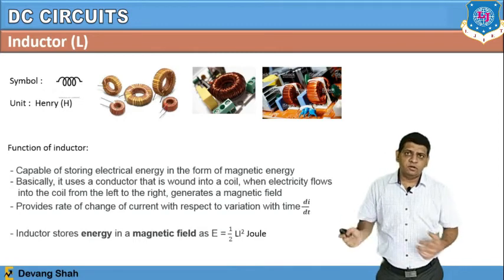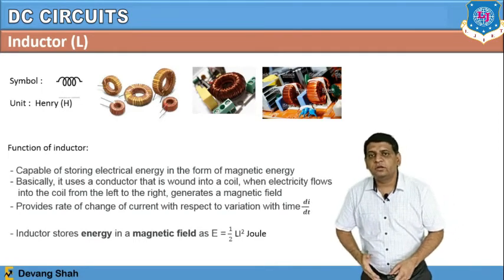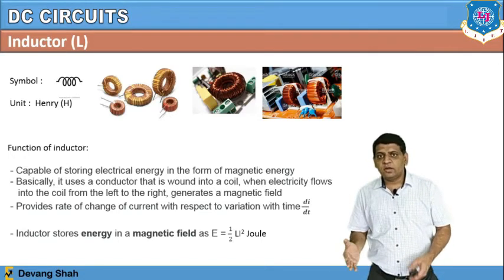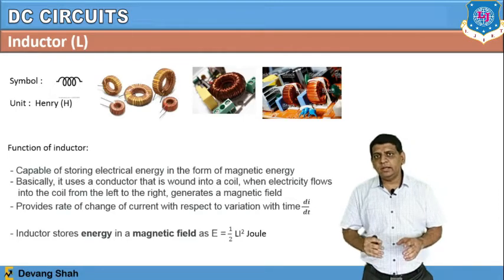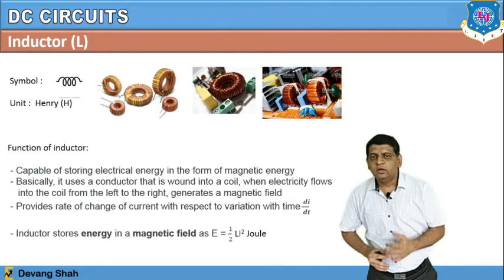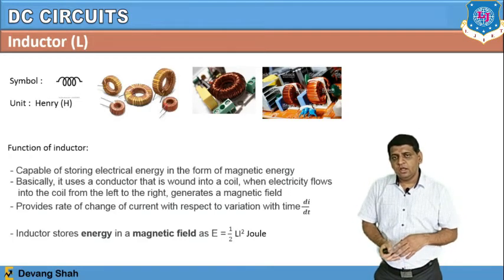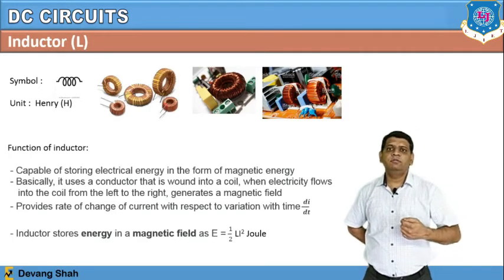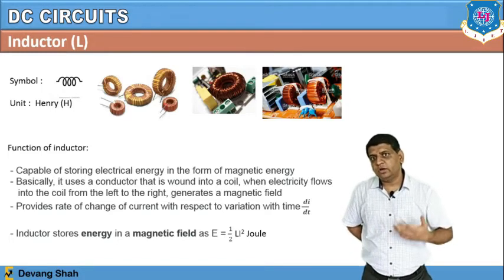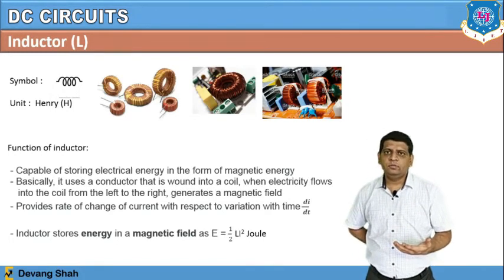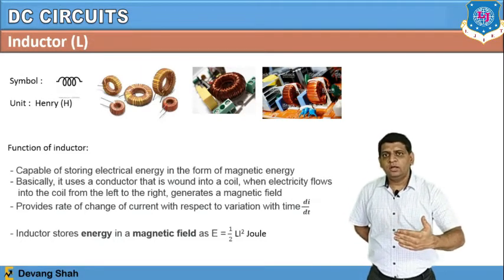Now, we forgot to discuss the energy stored in a capacitor: W is equal to 1/2 C V squared, while the energy stored in an inductor, E, is equal to 1/2 L I squared. Capacitor and inductor both behave with respect to time variation, or rate of change with time.